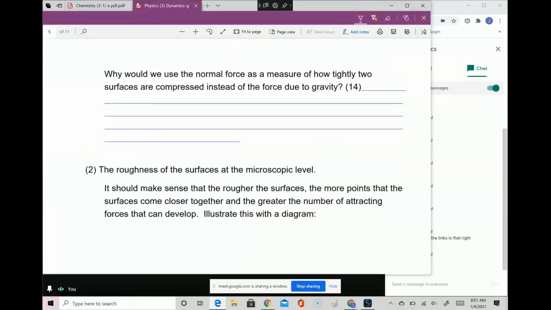So, why would we use the normal force as a measure of how tightly two surfaces are compressed together instead of the force due to gravity, which is what a lot of people want to use?